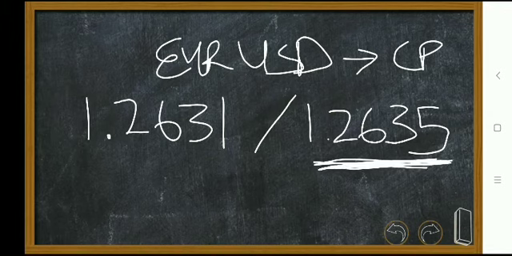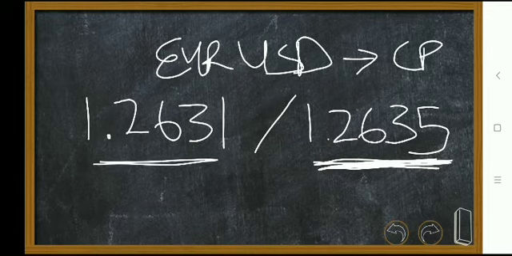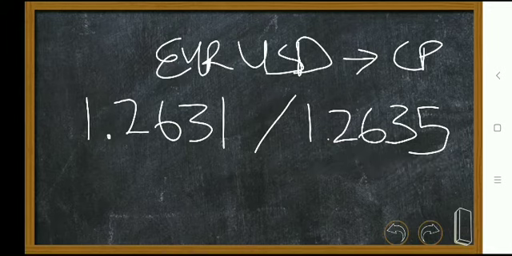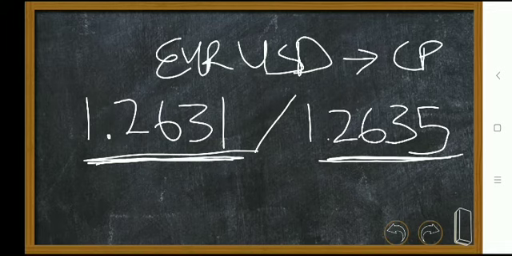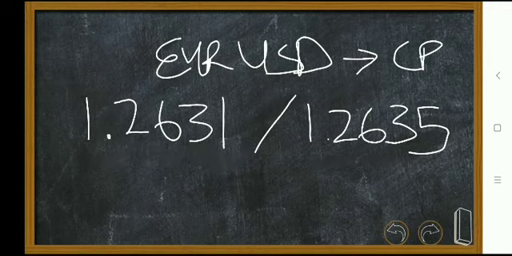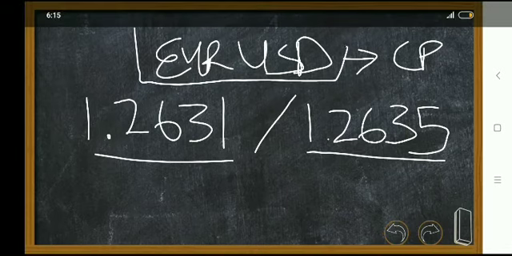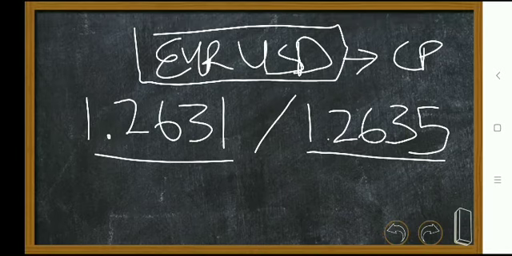This is the price you will buy with. This is the price you will sell with. This currency pair. At that moment, when you want to buy, you'll buy it for this price. When you want to sell, you will sell it for this price. This is in simple terms. This is the selling price and the buying price for this currency pair here. I hope we are on the same page.